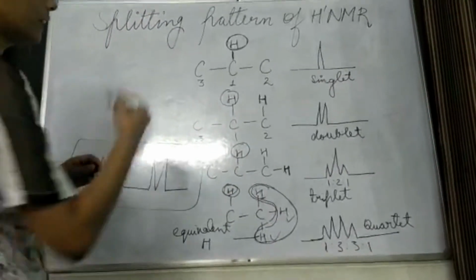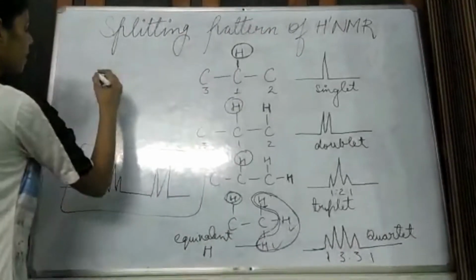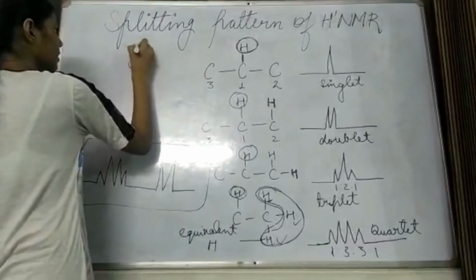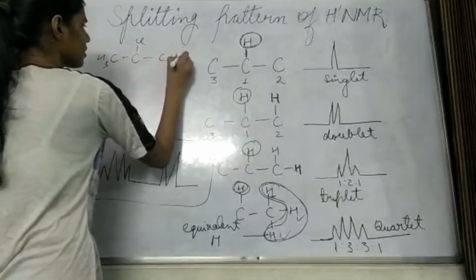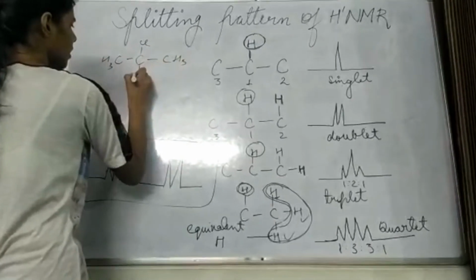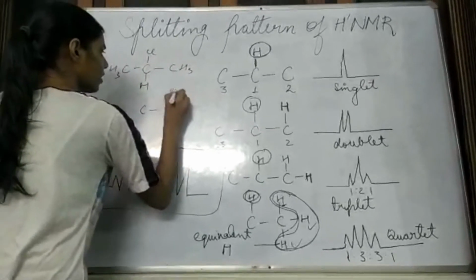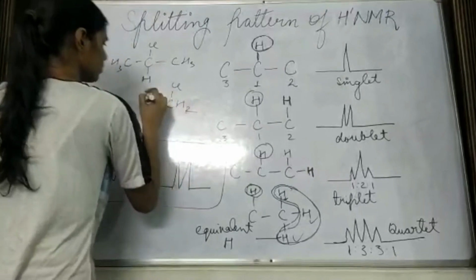Also, I'll tell you the advantage of NMR over mass spectroscopy. See, if we have this molecule, say carbon with chlorine, CH3, and this molecule, H2.